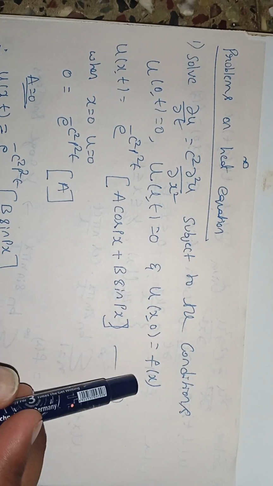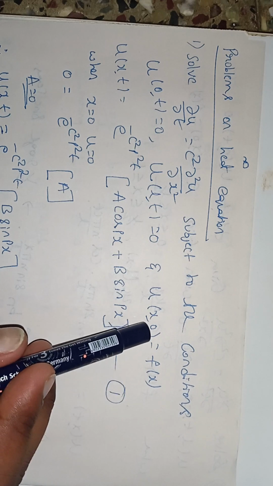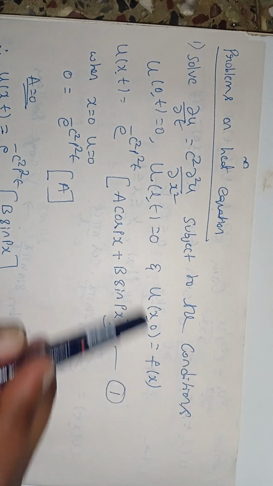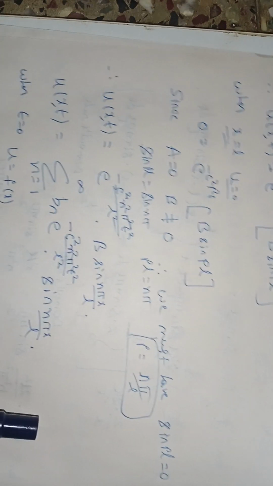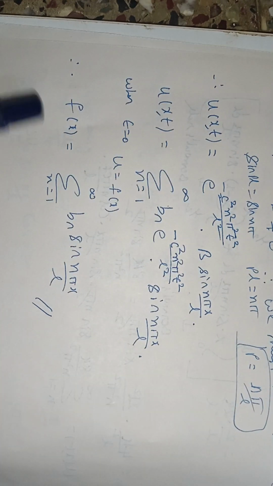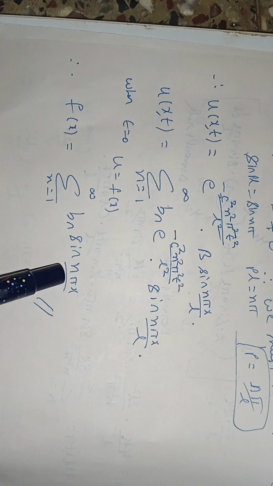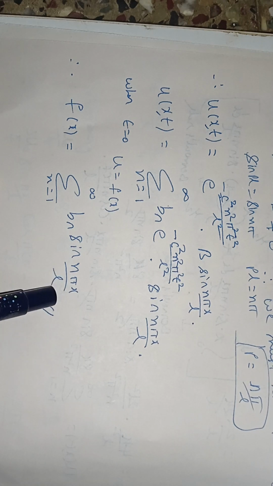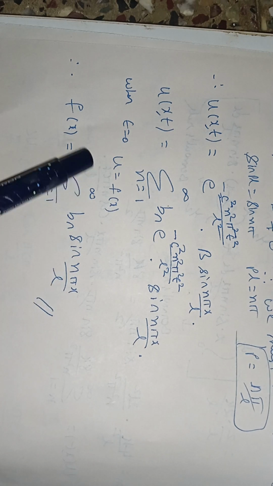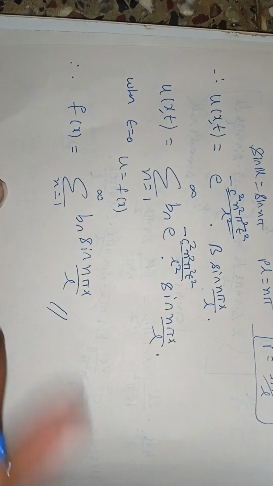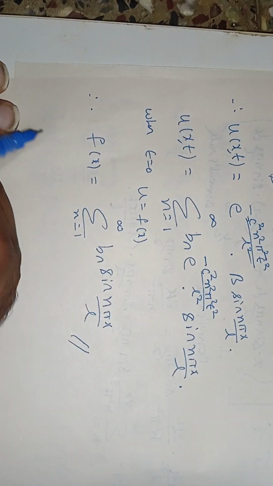Now I am using the last condition, that is u(x, 0) = f(x). That is, when t is 0, u is f(x). You end up with f(x) = Σ (n from 1 to infinity) bn sin(nπx/l). So for any problem you end up with this result followed by u(x, t).